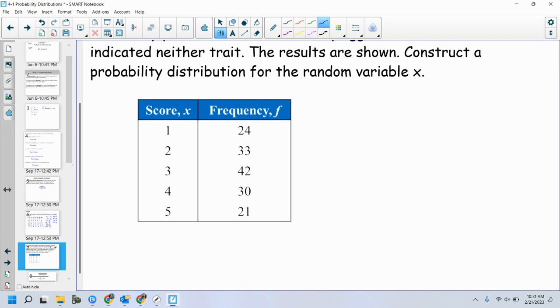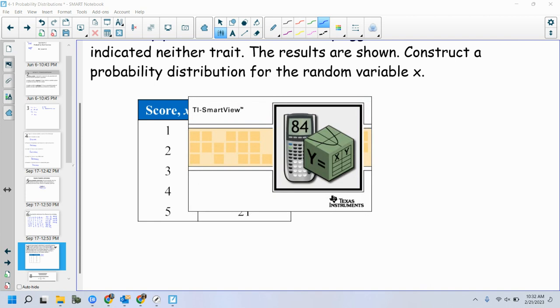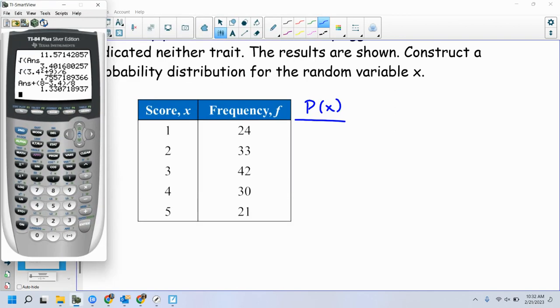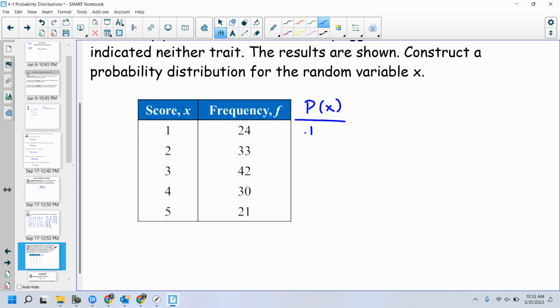Okay, so 24 out of 150. We're going to get my calculator up. 24 out of 150 gives me 0.16.